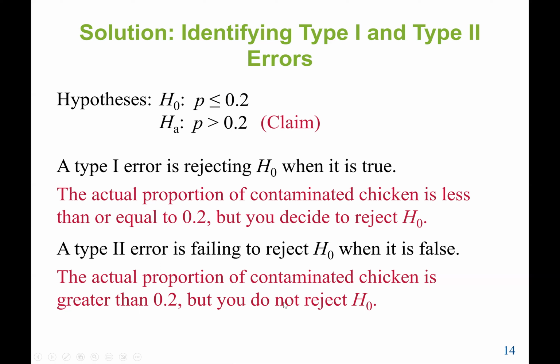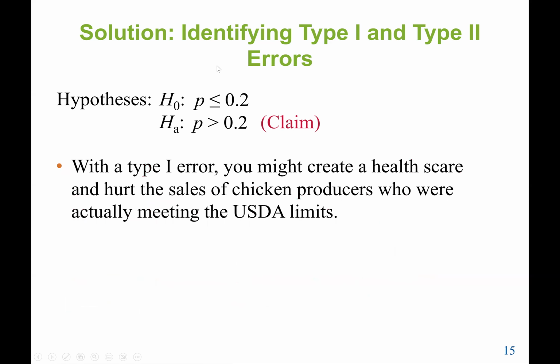So that would be a type 2 error. Again, the claim is P greater than 0.2, and HO is P less than or equal to 0.2.